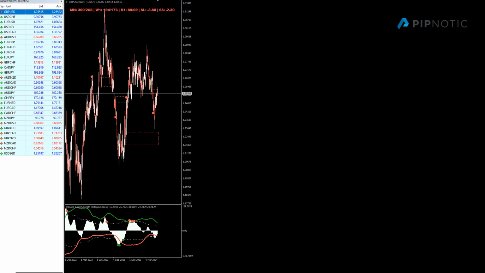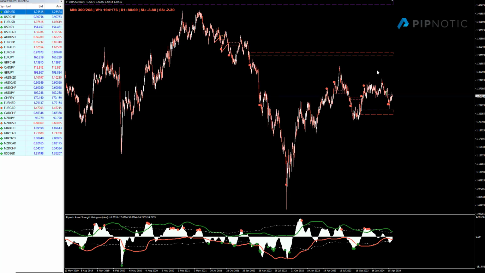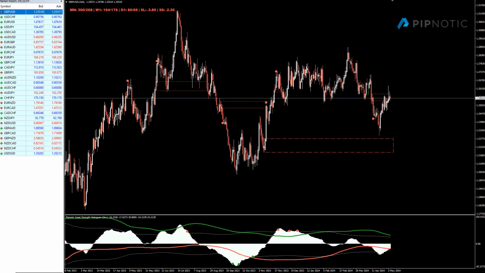If we have a look at what that might look like on a bigger time frame, you can see that prices were here. They were moving sideways, and this is looking very much like we saw in the previous example, seeking liquidity, supply.